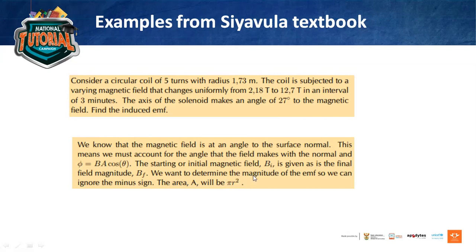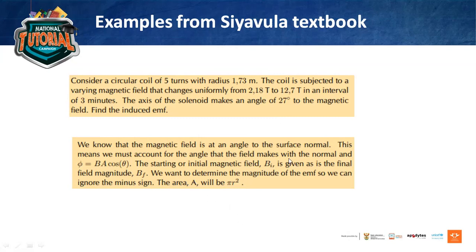We want to determine the magnitude of the EMF, so we can ignore the minus sign. We're ignoring it because we just want to know the magnitude of the change in flux. Okay, so the area A will be pi r squared. You always need to know that area is equal to pi r squared for a circle.